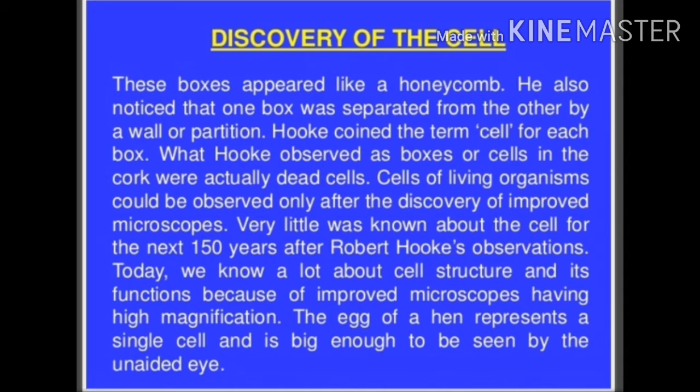Today we know a lot about cell structure and its functions because of improved microscopes having high magnification. The egg of a hen represents a single cell, and it is big enough to be seen by the unaided eye. Means by the naked eye we are able to see the egg of the hen.